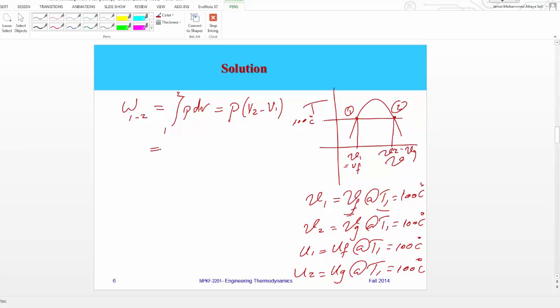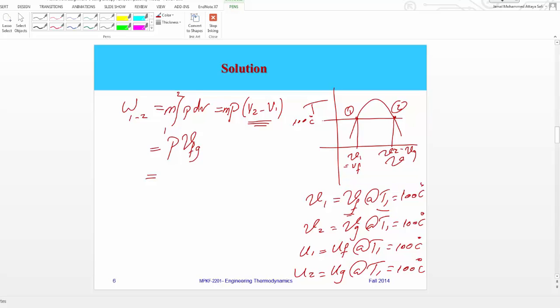So if you substitute, you can immediately see that this is pressure multiplied by Vfg. And you know what this means? It means Vg minus Vf. And if you write this down, of course, please don't forget the mass. I sometimes forget the mass.